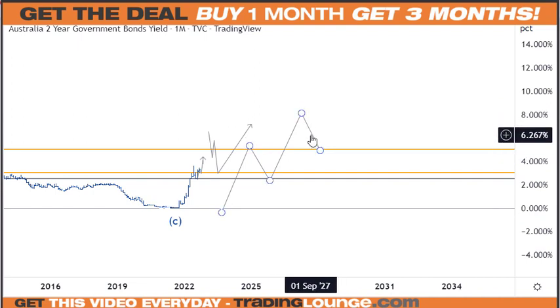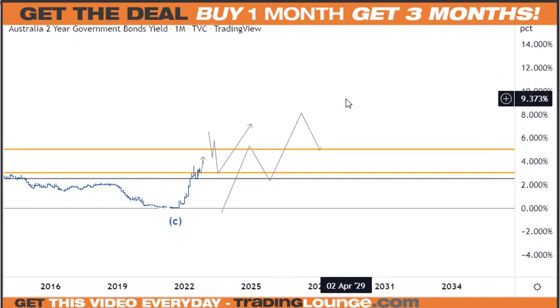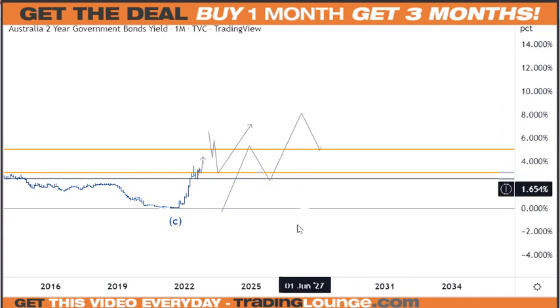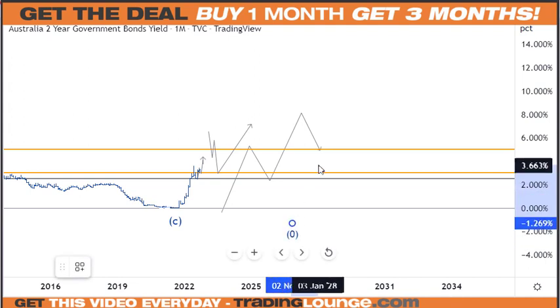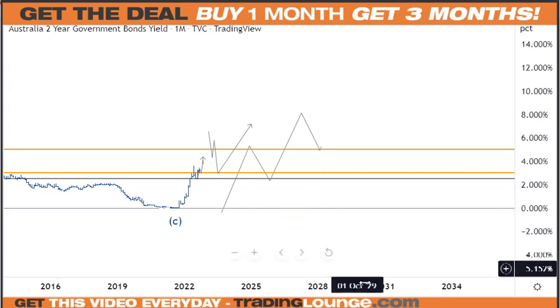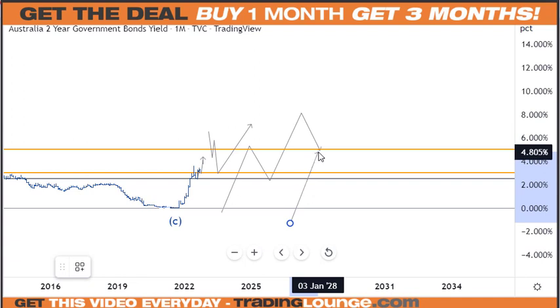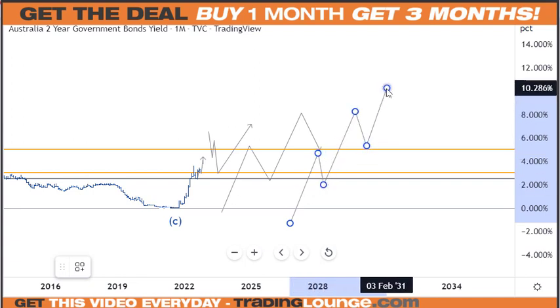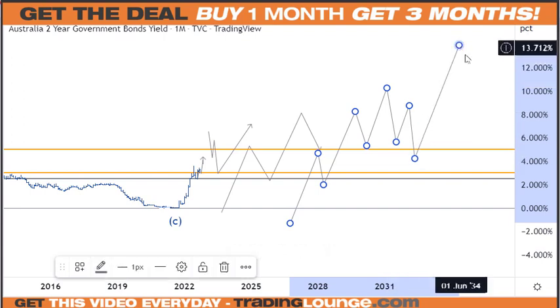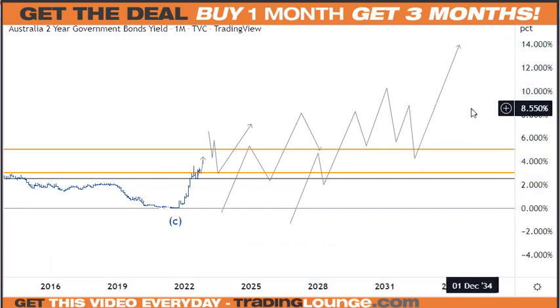If we get a corrective pattern here, then we're going to go up again, and we'll have a larger 5 waves up, and that's pretty freaky at that point, having this here as 1 and 2 and 3, and then 4 and 5 here. If we get 5 waves there to 10%, we're going to have a correction and we're going to get another 5. So that's how it builds to the upside.